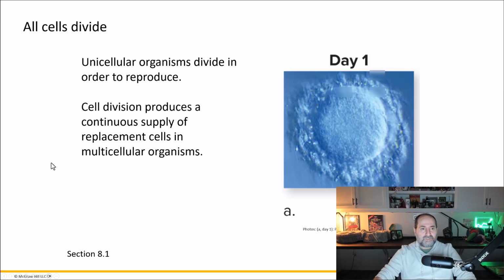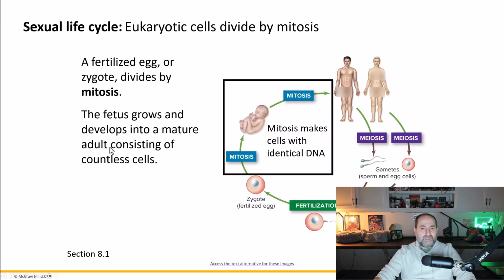Remember that all cells divide, and remember that mitosis is how multicellular eukaryotes grow, develop, and repair. But meiosis is the process by which we make our gametes.